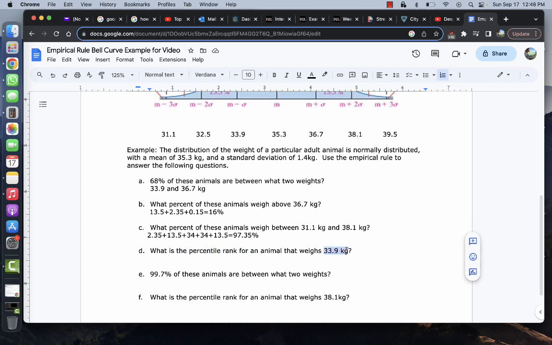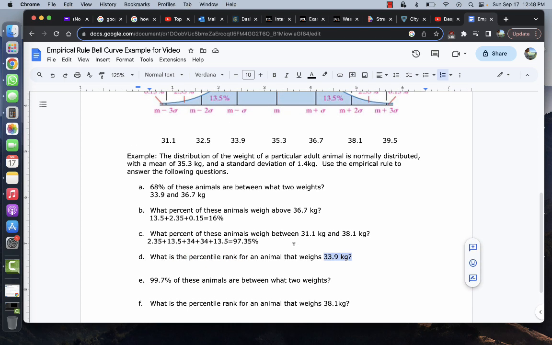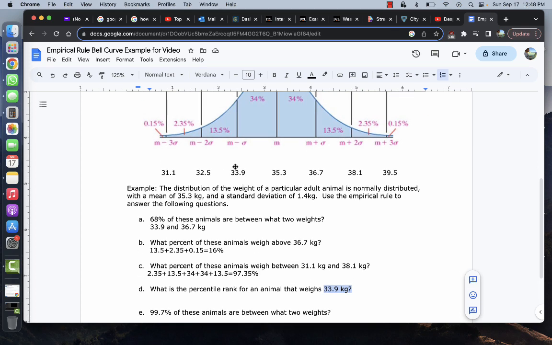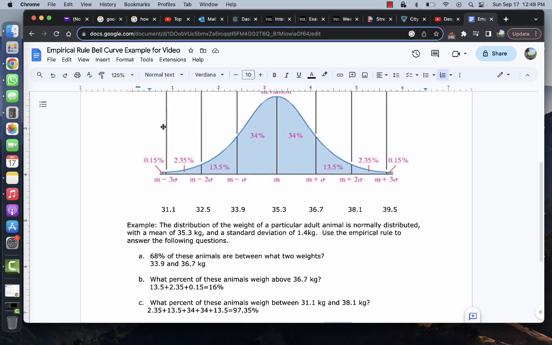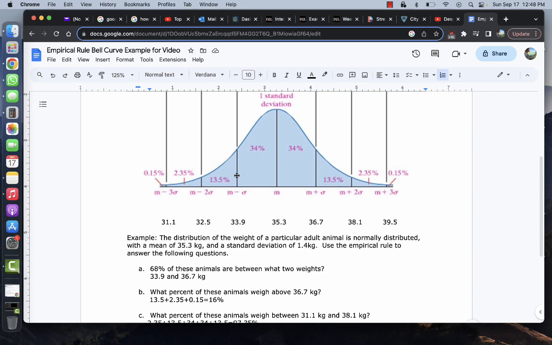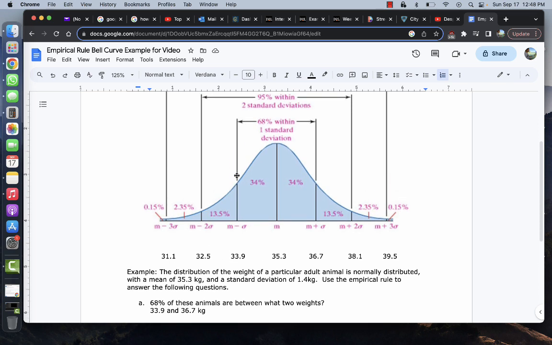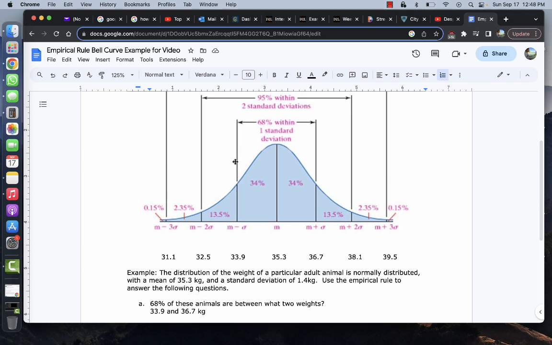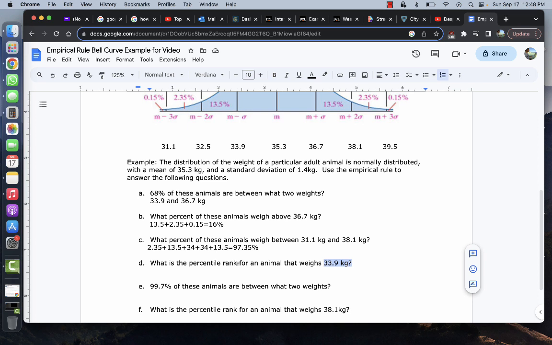So in the bell curve situation, if I have 33.9 kilograms, I'm really just looking at the percent below or equal to that value. Now the or equal to part is kind of misleading, because there's no percent exactly equal to 33.9. It's like a line with 0% width. So when we see percentile rank, think percent below.